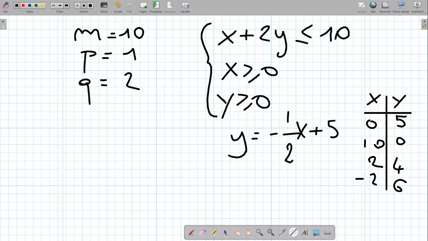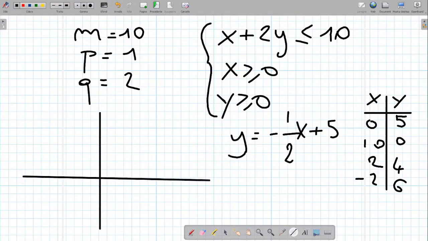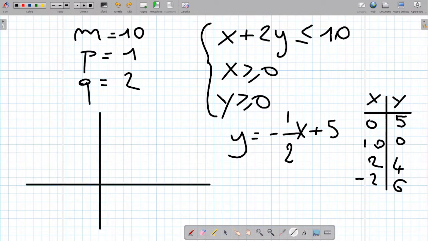So let's prepare the xy plane. Okay. Here x and here y. Let me draw the first straight line, and then understand how to choose the region.